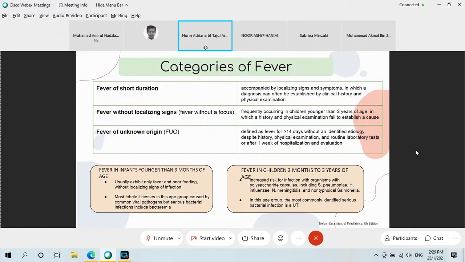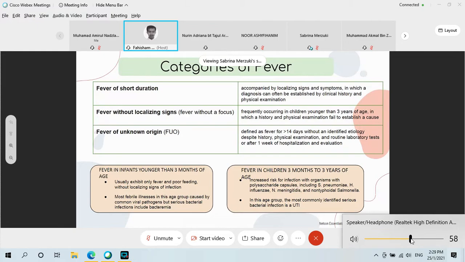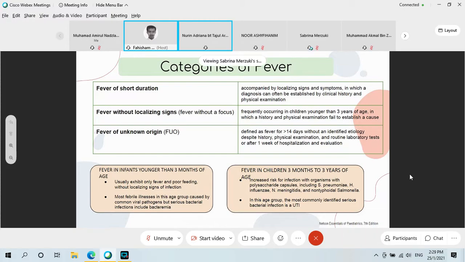The differences between the categories of fever. Okay, right. Anything else? So short duration meaning? Time. They have, yes, and they show localized signs and symptoms.